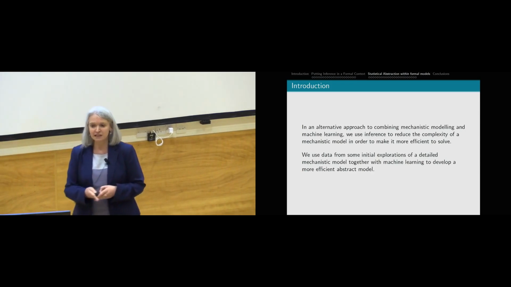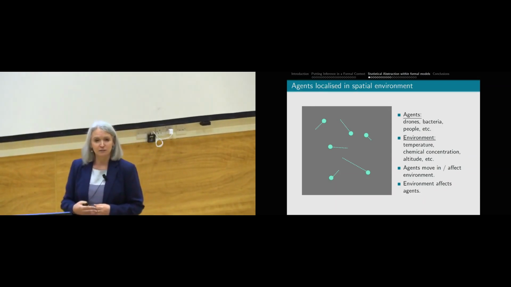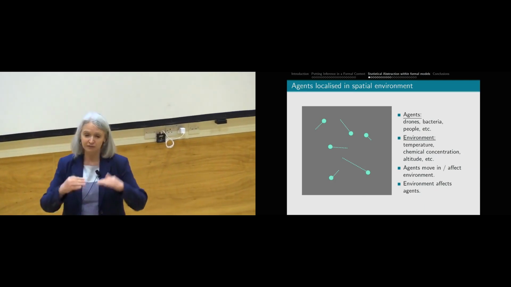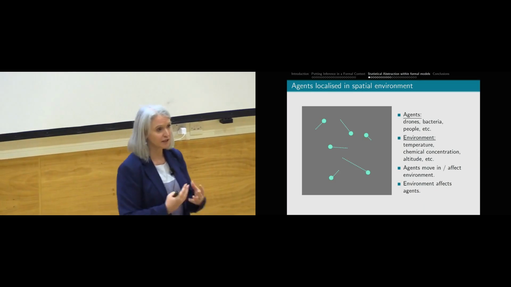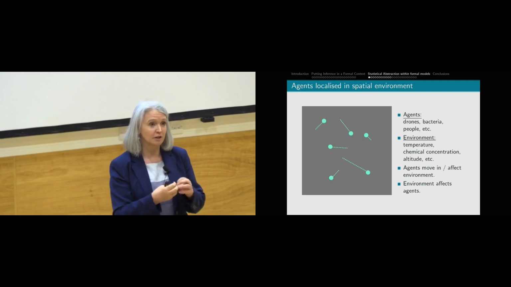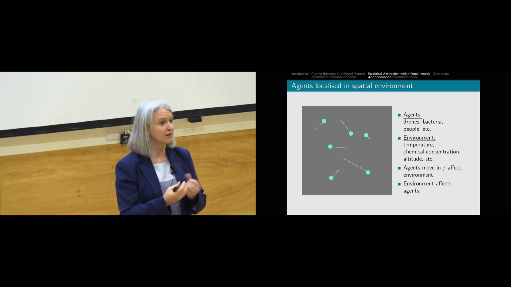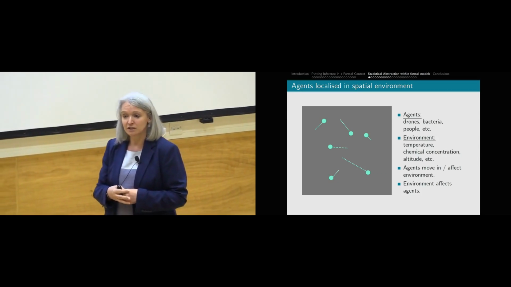And this is particularly true if we do what's called multi-level modeling. So this is often the case where we perhaps have different levels within our model because we, for example, in this case, we think about individual agents who have behavior internal to themselves interacting in an environment which then influences how they interact with each other.